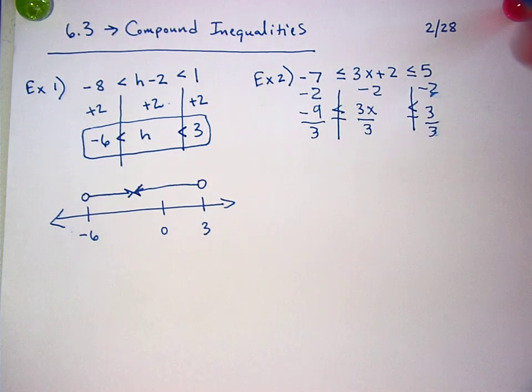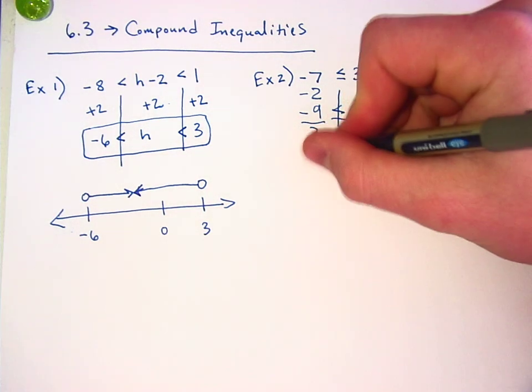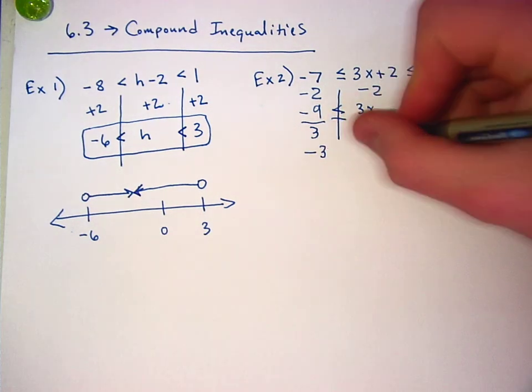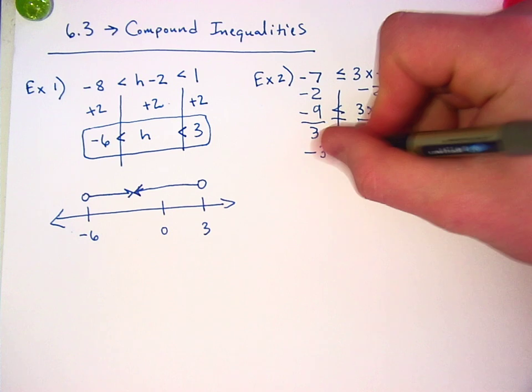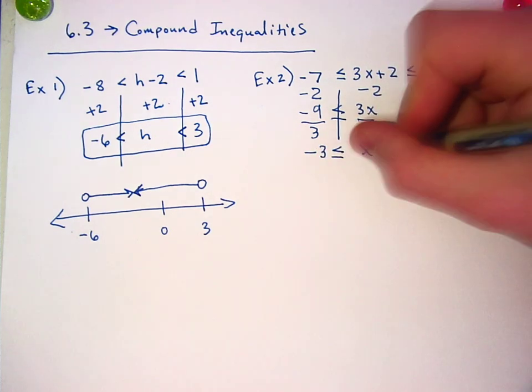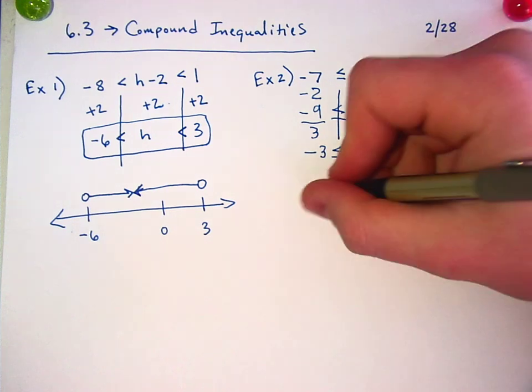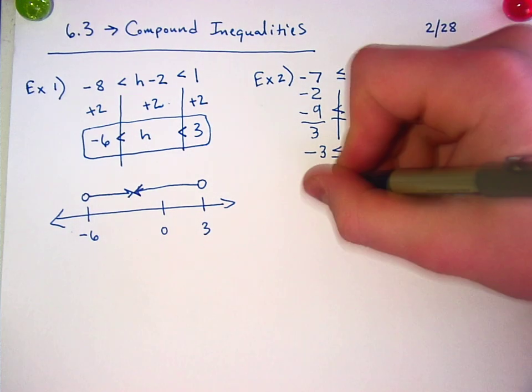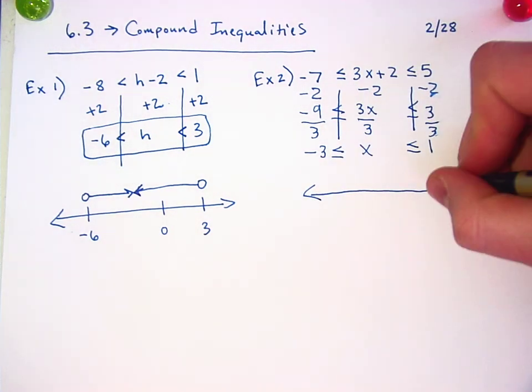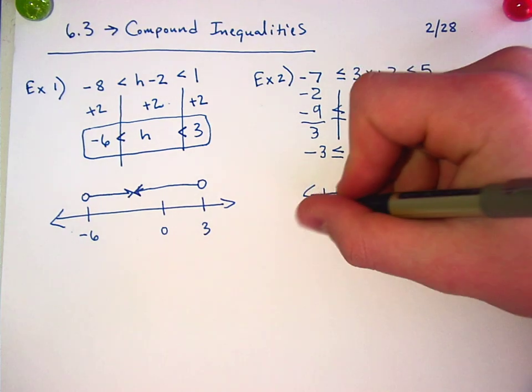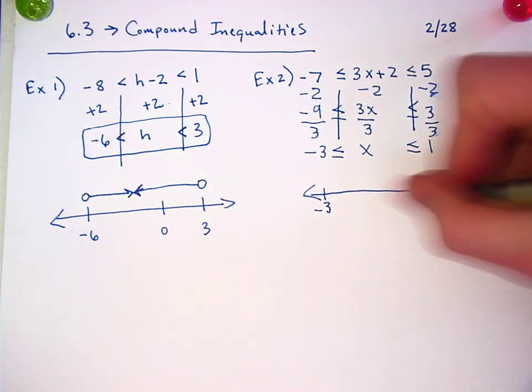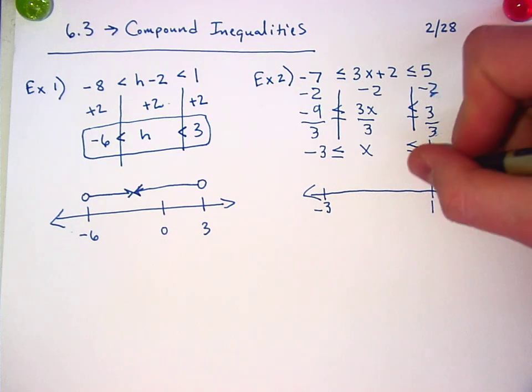And then you'll get -3 is less than or equal to x less than or equal to 1. And then there's a 0 next to the 1 too.